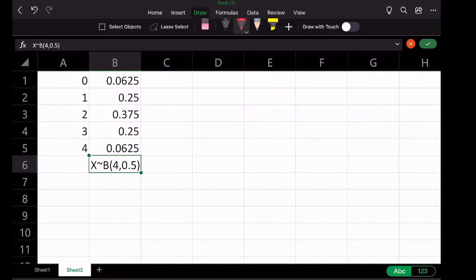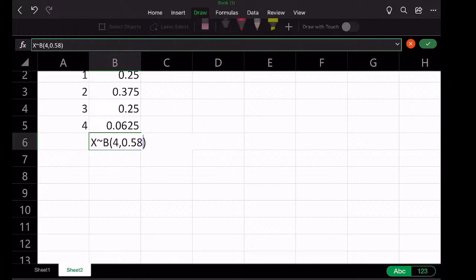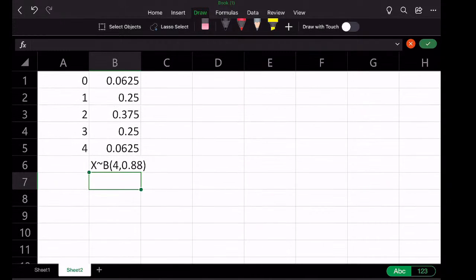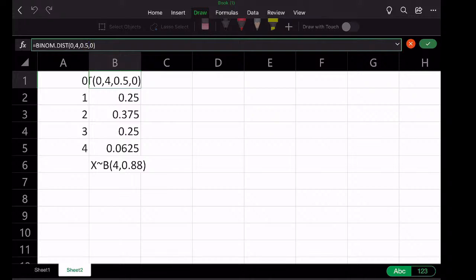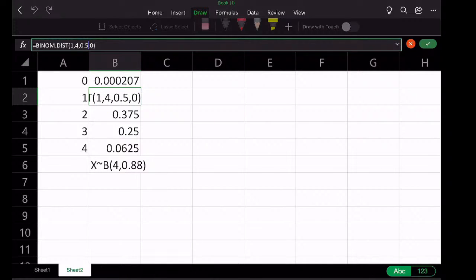So let's do n is 4 and p is, let's make it 0.88. And this will affect things. So I'm going to change it. You could probably program this easily, but of course I didn't do that in advance, but you can see this will not be symmetric.